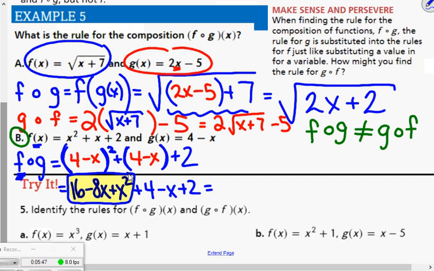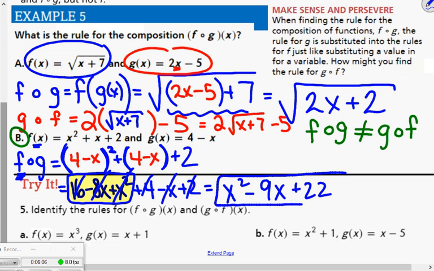Now we're just going to clean this thing up by saying x squared doesn't have any like terms. Negative 8x can combine with negative 1x to make negative 9x. And 16 plus 4 plus 2 is plus 22. So this would be f of g of x.